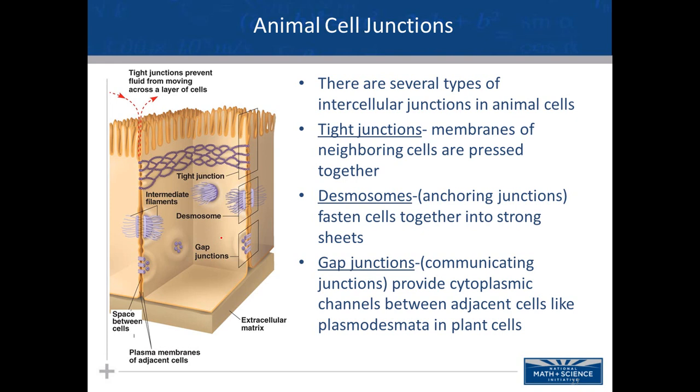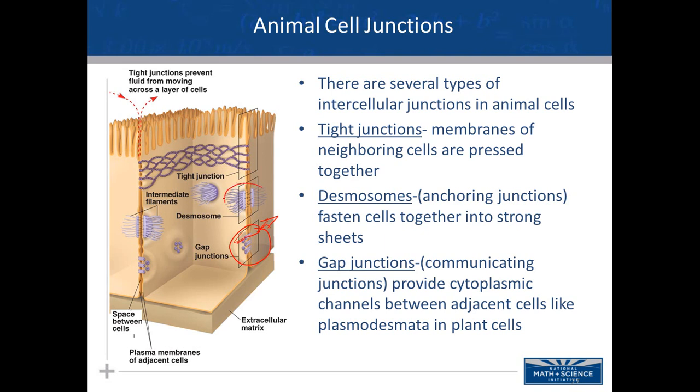These are the junctions that are really like the plasmodesmata, and they're channels between adjacent cells, and they allow for direct contact. So in looking at this nice little illustration, here are the gap junctions, and you can see there are channels that will allow the cytoplasms to be in direct contact.